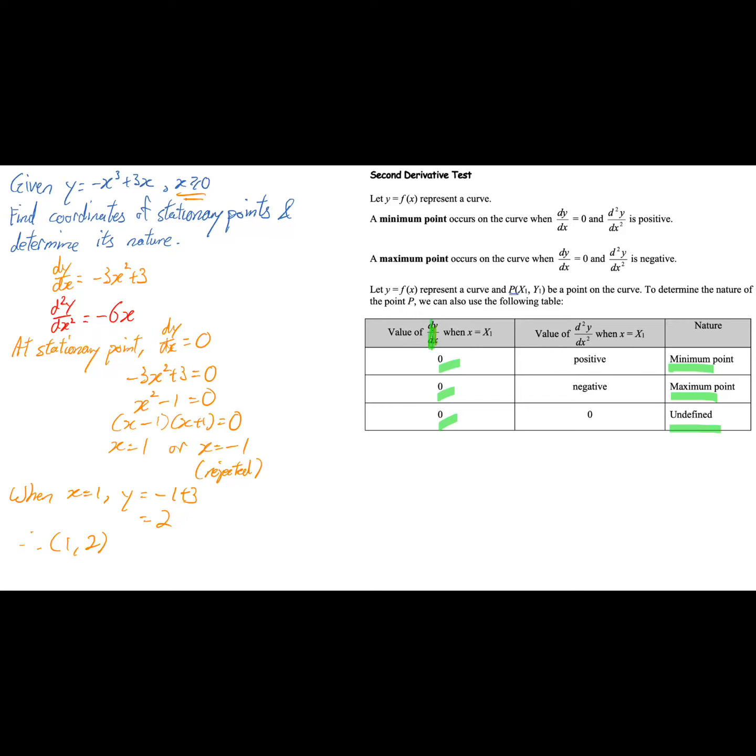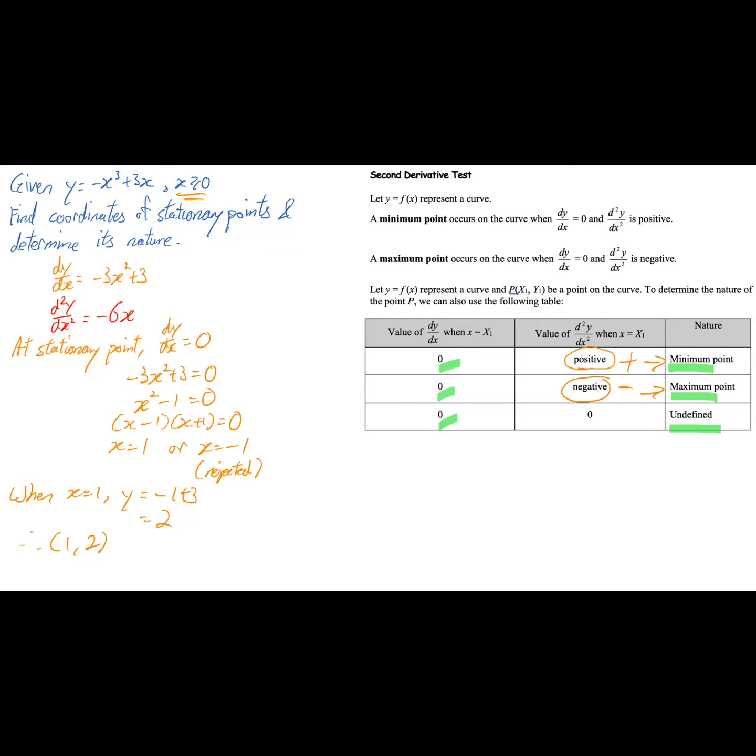Now, what about d2y/dx squared? It's something different. When d2y/dx squared is positive, it tells us that it is a minimum point. When d2y/dx squared is negative, it tells us that it is a maximum point.